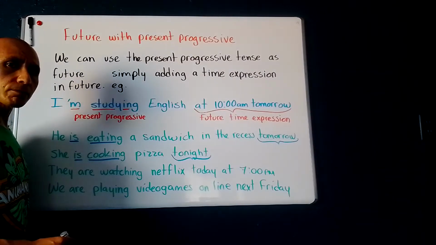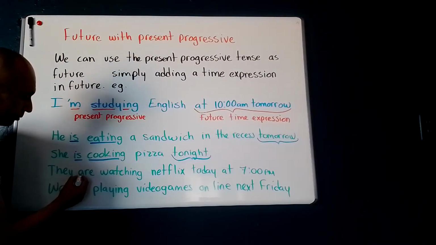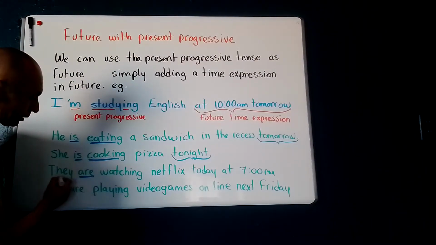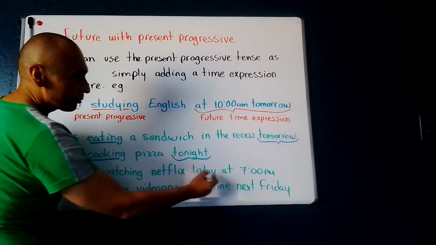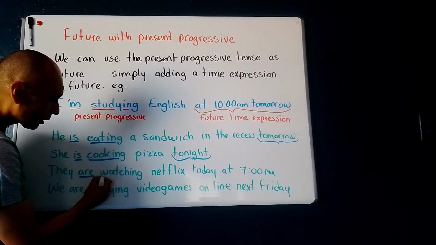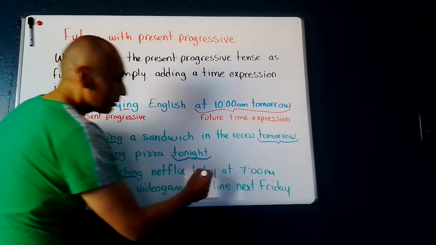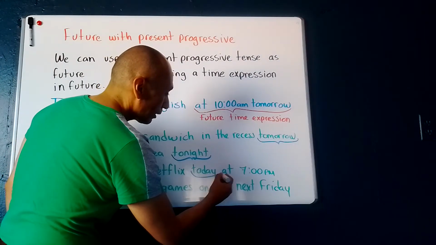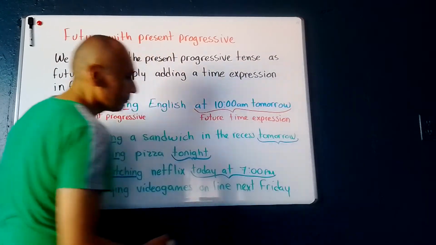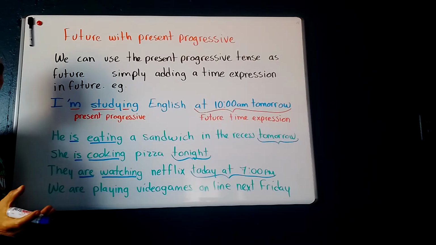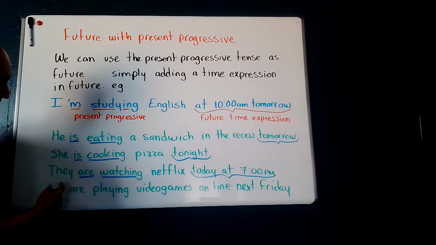So the next, they are watching Netflix today at 7. Are watching is going to be my verb core, my verb structure, and today at 7 p.m. is going to be my time expression in future.